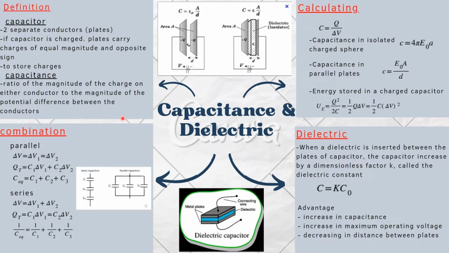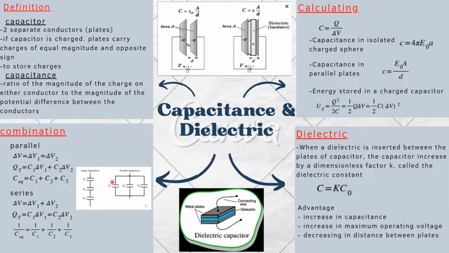Then we move to the combinations of capacitors, either parallel or series. The first one is parallel. The left plates of the capacitors are connected to the positive terminal of the battery by a conducting wire and are therefore both at the same electric potential as the positive terminal.